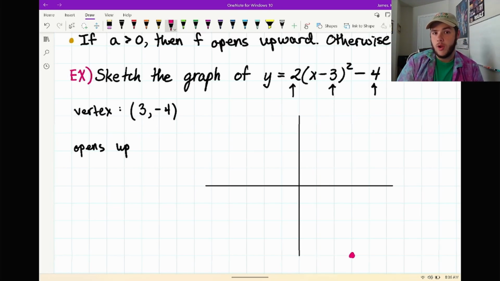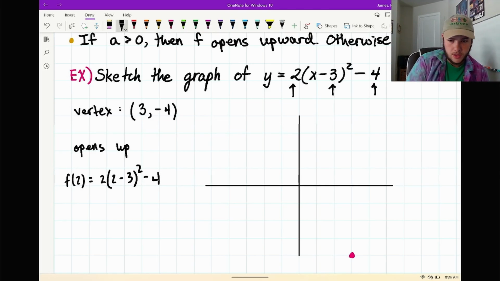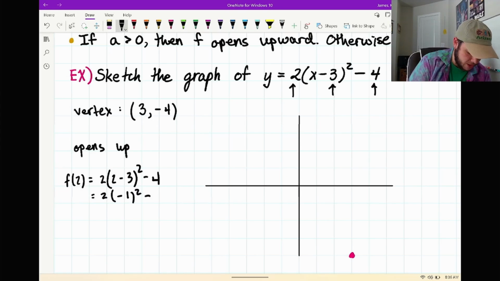So one way to do that would be to plug some in. For example, what if I wanted to try f of 2? Well, I would get 2 times 2 minus 3 squared minus 4. Cleaning that up a bit, I get 2 times negative 1 squared minus 4, or negative 2.